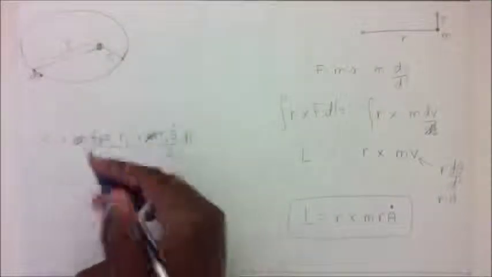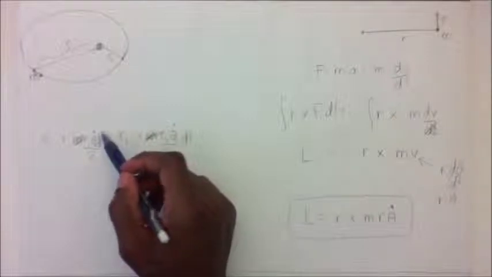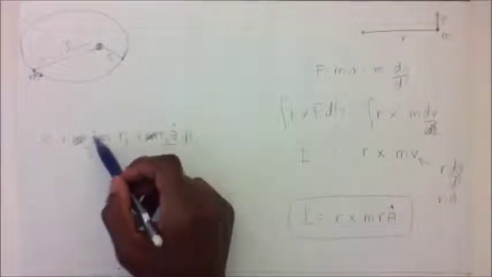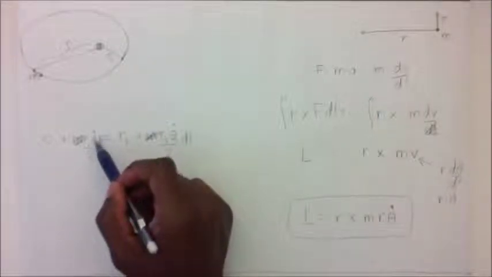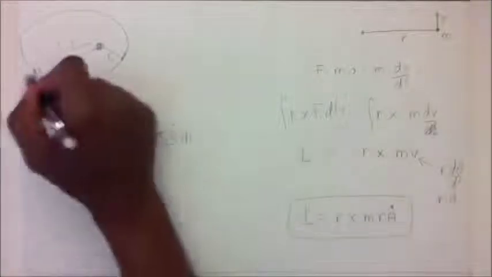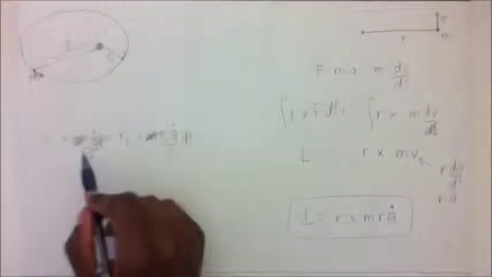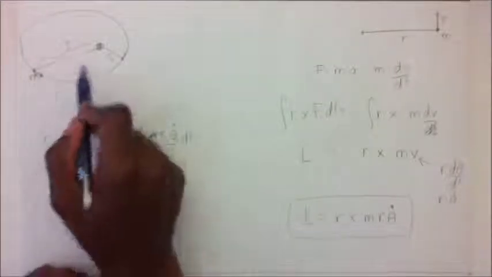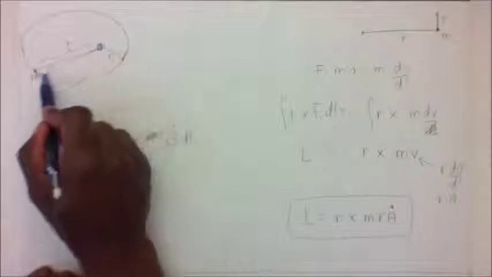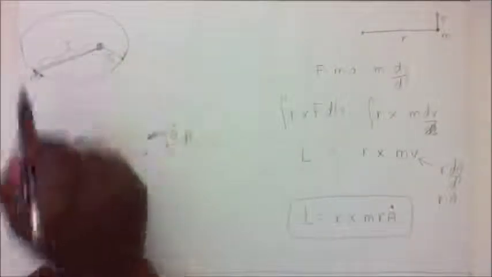Why did I say we calculated the area of a triangle? The rate of change of angle times the change in time is a change in angular displacement, times the radius, that's the length of this base. Half that times this is the same as taking half the base times the height, which will give you the area of that triangle right there.